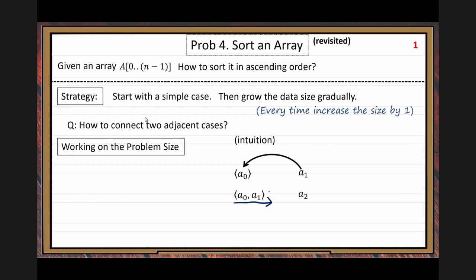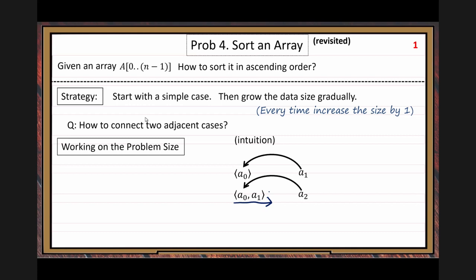So we want to add a new element to that sorted array. Then the question: how much work do we need to do to get the new element inserted at the right place? Worst case 2, right? The best case, 1 is enough. So you have best case, worst case, you have several cases.